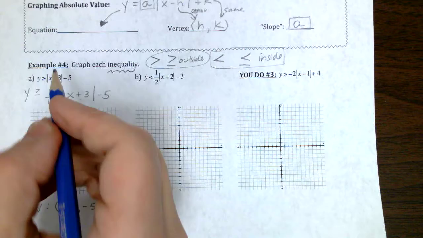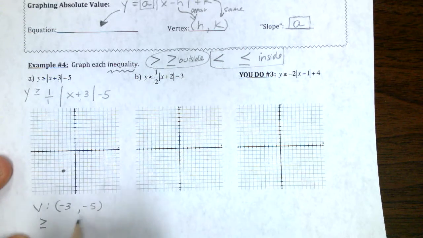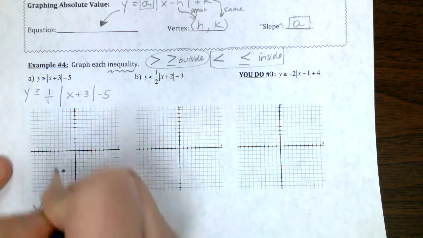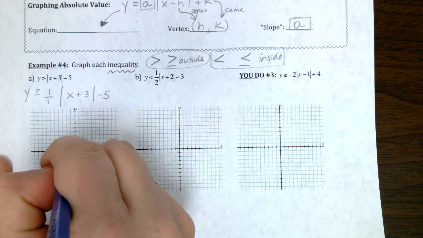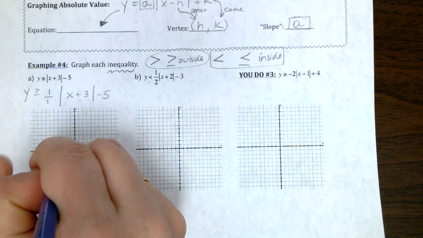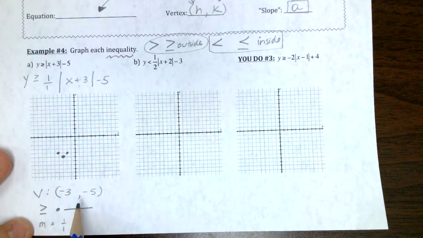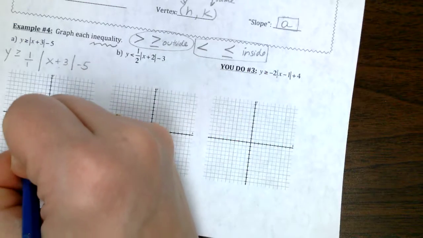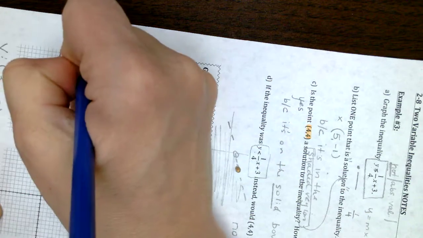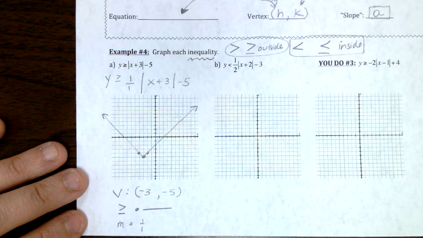Now, because I have greater than or equal to, I'm going to use solid lines still. My slope is going to be 1 over 1. So from this point, I'm going to go over 1, up 1, left 1, up 1 for my mirror image. And of course, with this information, I'm going to use solid lines.